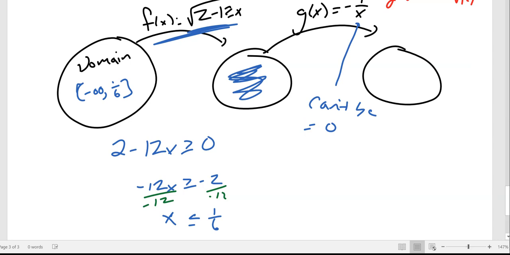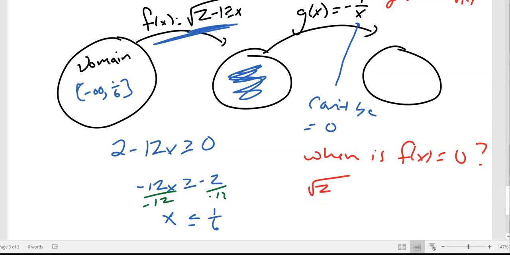So I also need to know for what value of x is going to give me 0 there. Okay? So the question becomes, when is f of x equal to 0? Because that would be a problem. Because remember, that's what we're substituting into the next function. So when is f of x equal to 0?